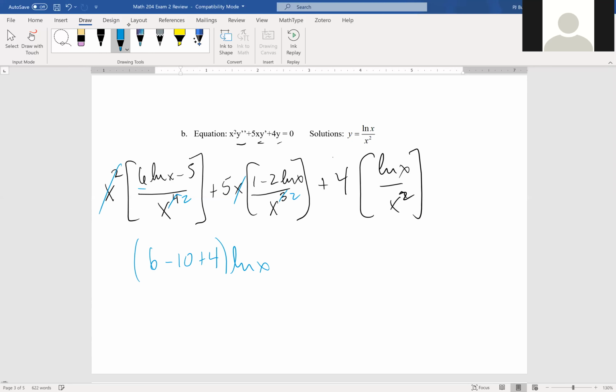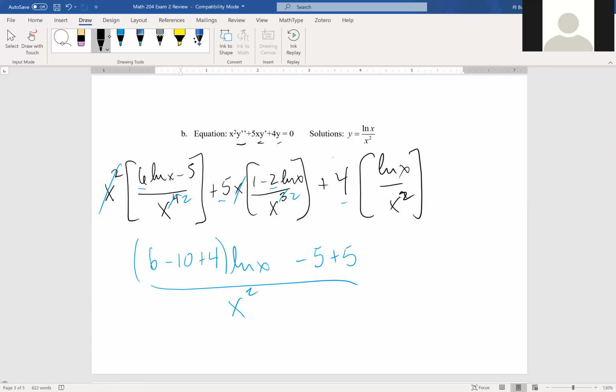There's 6 there, 5 times negative 2, and then 4. And then we've got minus 5. This is going to give me plus 5 all over x squared.